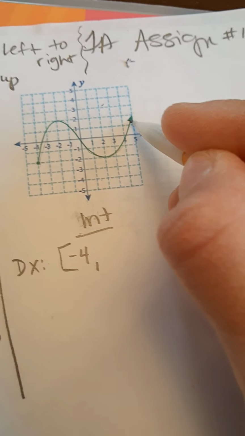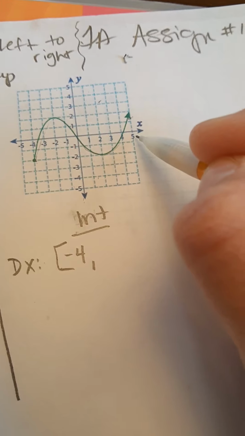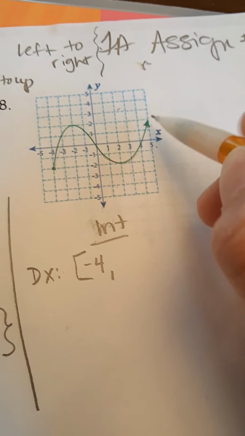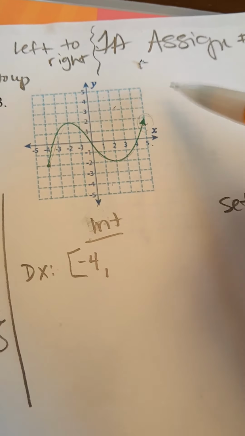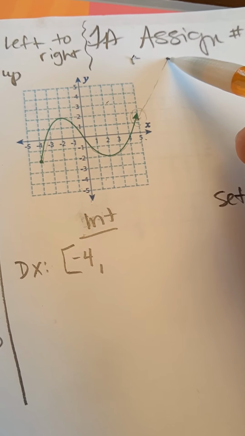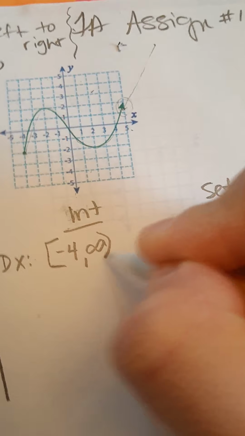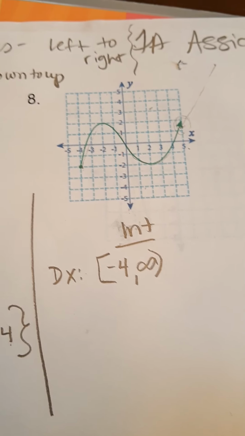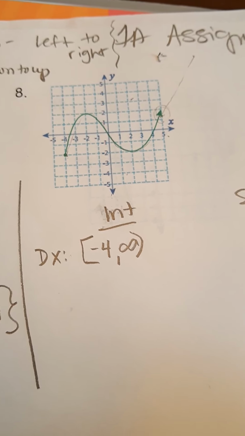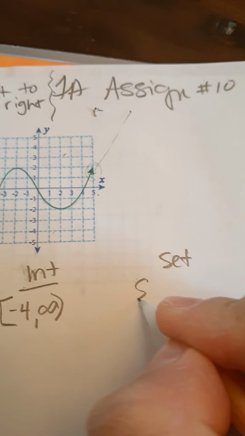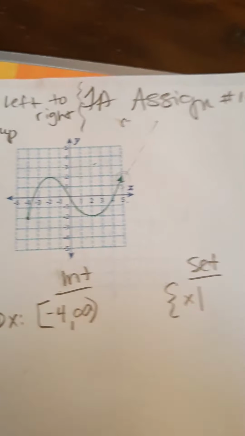There's an arrow. Now, I know you guys are saying, but the graph ends at 5. I know, but there's an arrow there, and it's just going all the way to the right indefinitely. So that means that would be infinity. So now the set notation's with the squigglies, x line.